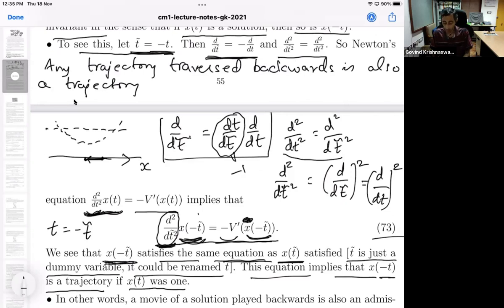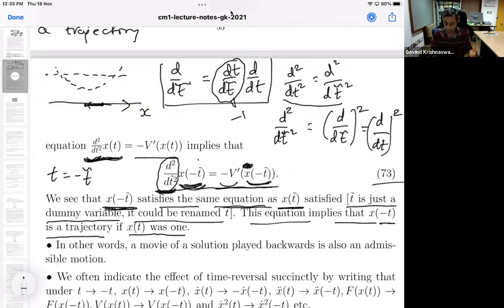Okay, which in physical terms means you can take a trajectory and play it backwards in time. Play it in reverse, record it, play it in reverse, and that would also be a valid trajectory. Or in other words, a movie of a solution played backwards is also an admissible motion.